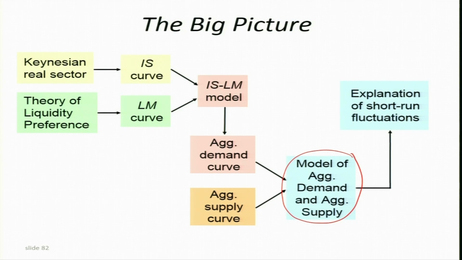So the ISLM model is used to understand short run fluctuations in the economy, especially the policy effects in the short run.